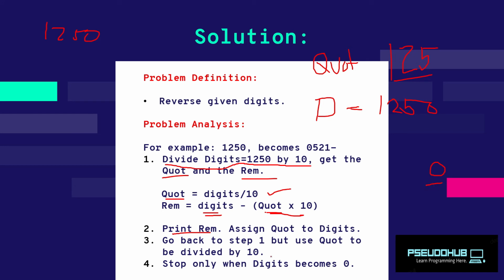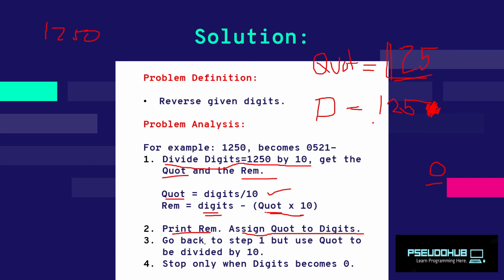And then assign quote to digits. We assign the value of the quotient to digits. The current value of quote is 125, so we assign it to digit. When assigned to digit, 1,250 is replaced and becomes just 125.